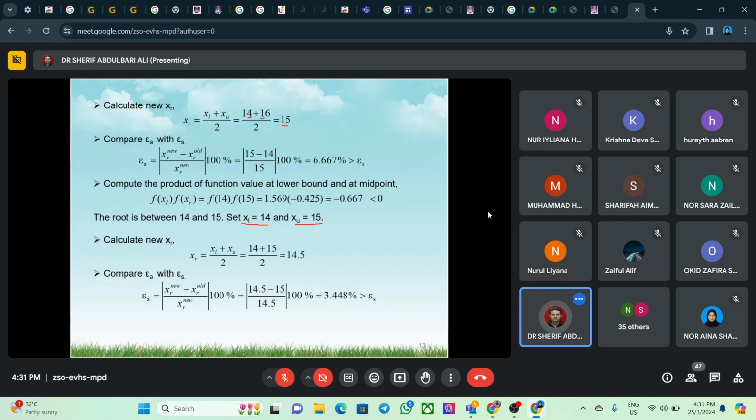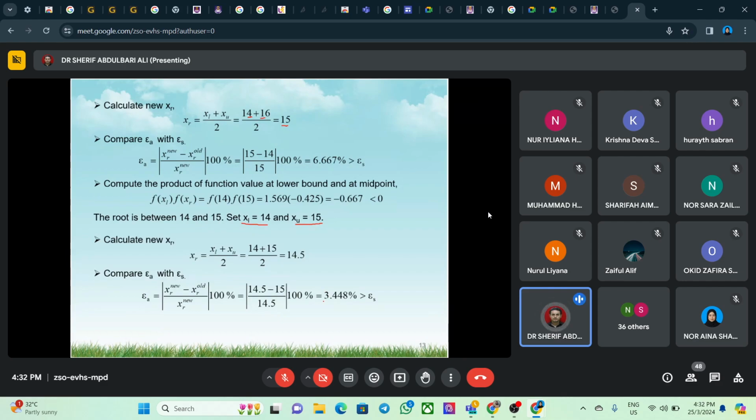Okay, so now for the next iteration, the third iteration, you are going to calculate a new value of xr using those new values. So 14 plus 15 over 2. You get a new value of xr, it's 14.5. So you can calculate the error: the new value of xr 14.5 minus the old value of xr 15 over 14.5.